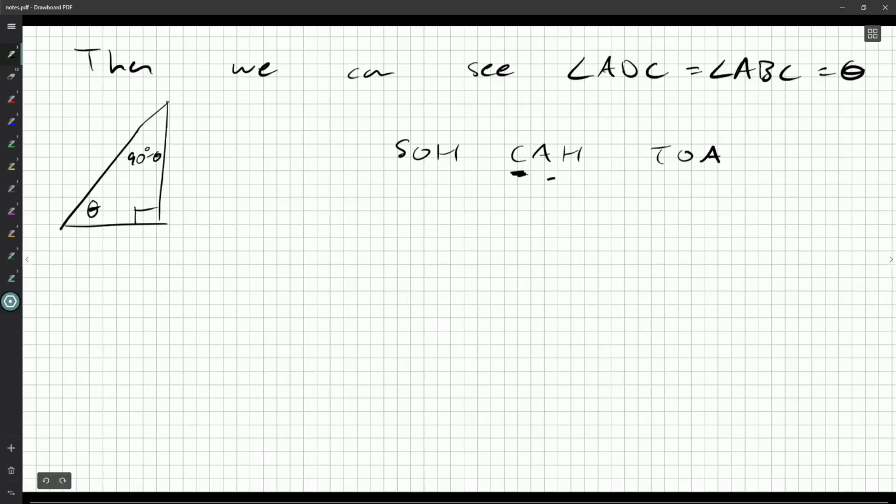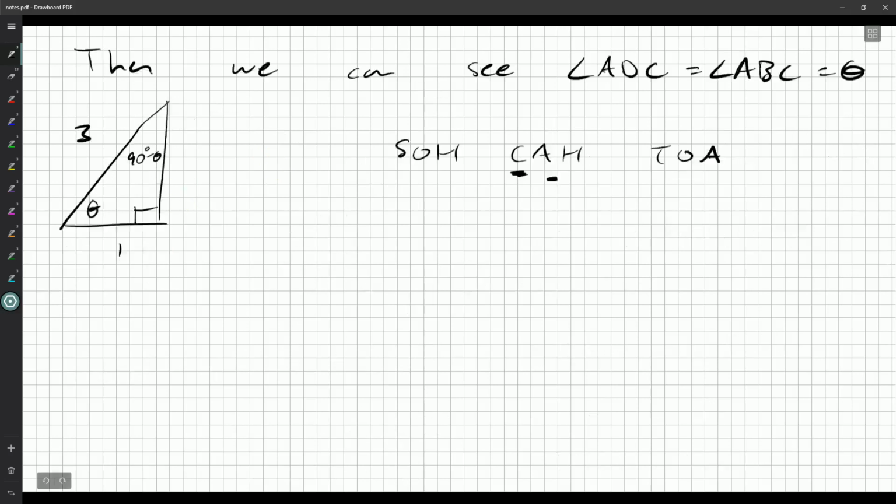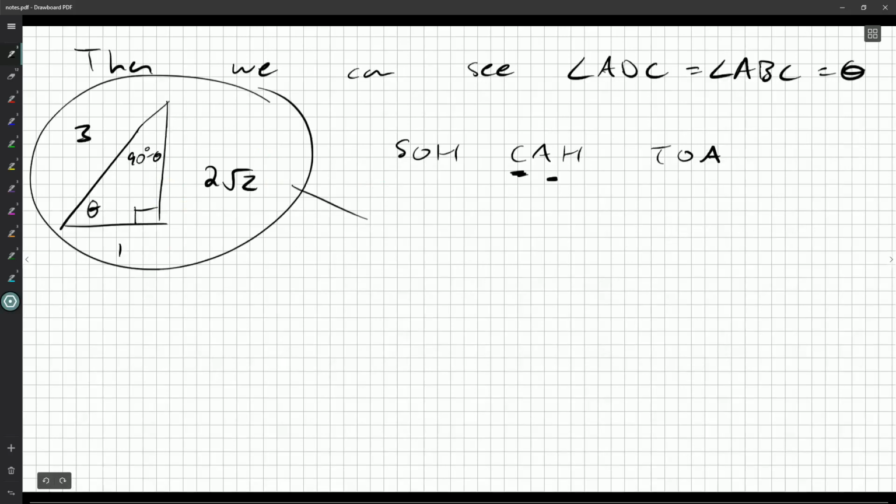So cosine is adjacent over hypotenuse. So this tells me the ratio of the sides. And the 32 and the 20 are opposite the theta. So, we can say this, since cosine of theta is 1 over 3.